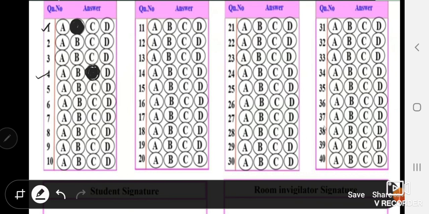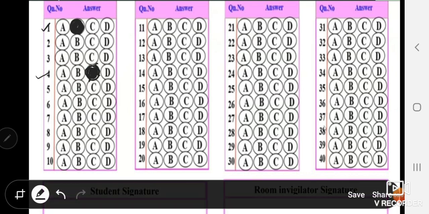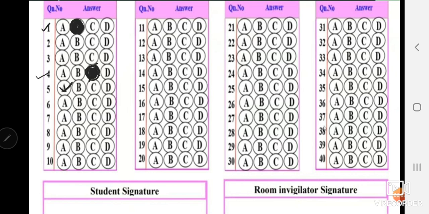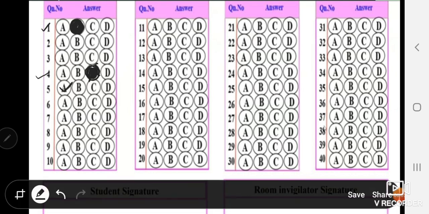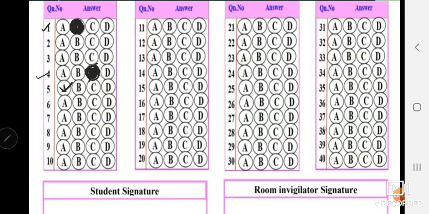After filling, if you find that answer A is suitable for the fourth question or answer D is suitable, you cannot change the answer. If you write it with marks, the answer cannot be accepted. Or if you make any right mark, this answer also cannot be accepted because it is totally computerized evaluation. Once you have selected an answer, you cannot change it.